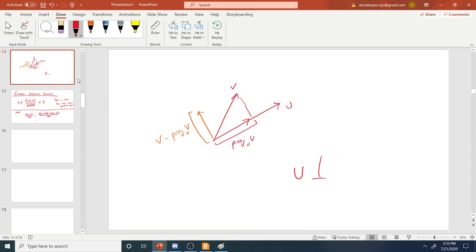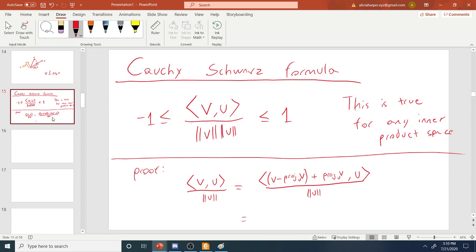So we have to have this orthogonality relationship, which means that this right here is the same thing as the inner product of proj of v onto u with u, all divided by the length of u.